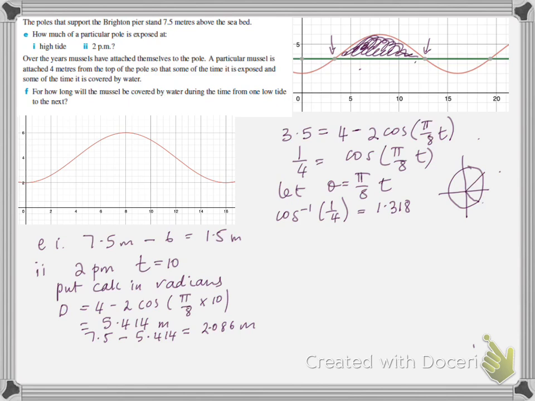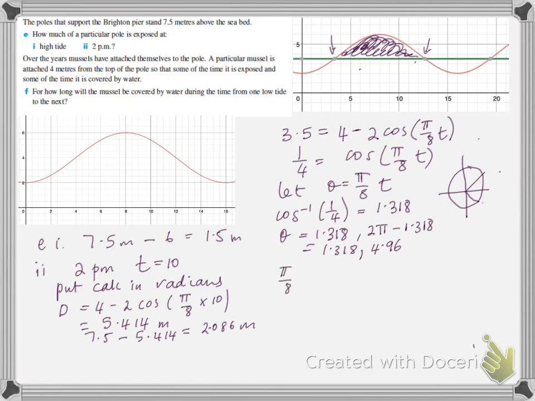So the next value would be, I'll just start here, theta equals 1.318, or it can also be 2 pi minus 1.318. That is also going to return me the equivalent value of cos, where cos is positive here. So I end up with 1.318 and 4.96.